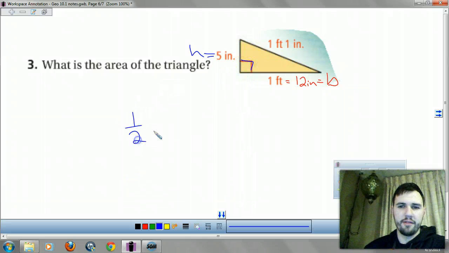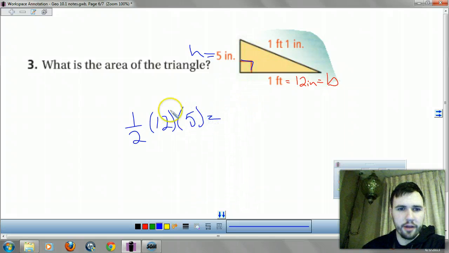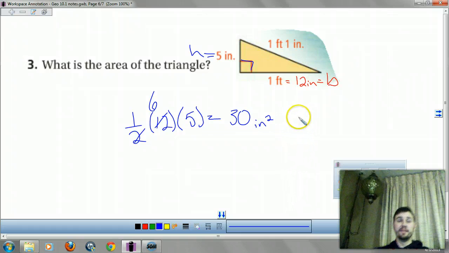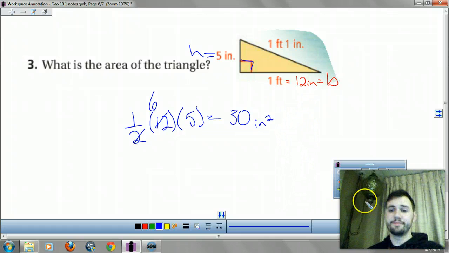So I set up my 1/2 base times height. 1/2 of 12 is 6. You get 30 inches squared. That's all there is to it. ACT stuff, guys. It will come up.